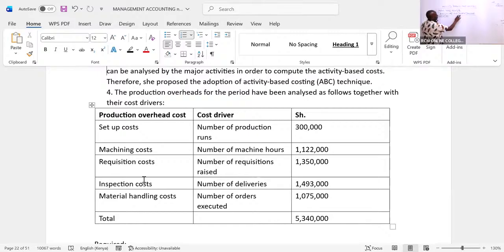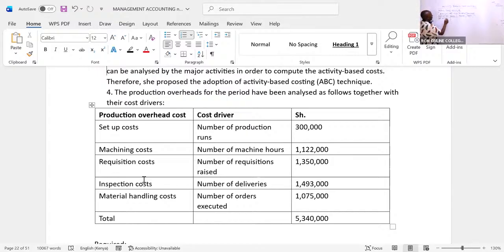So remember these cost drivers. You shall be doing this for sofas, tables and beds. So we start with setup costs.